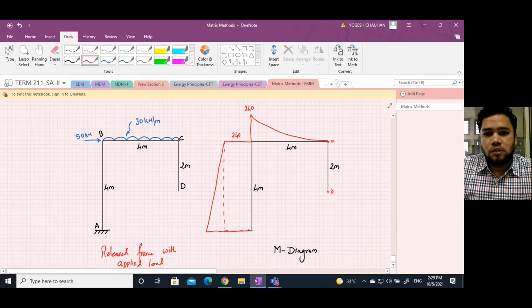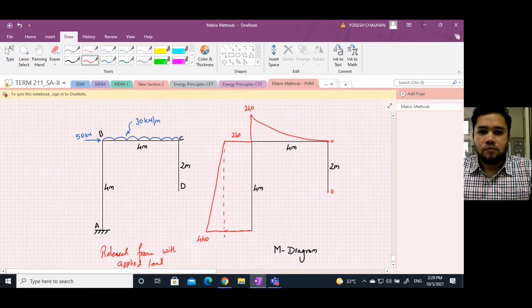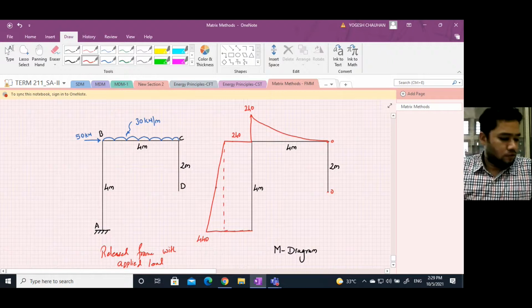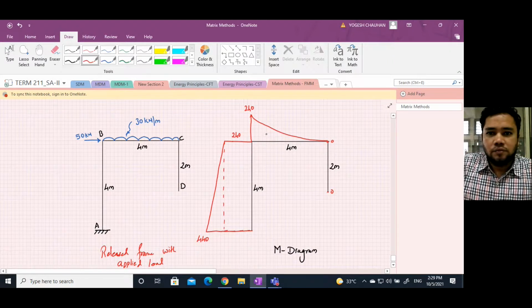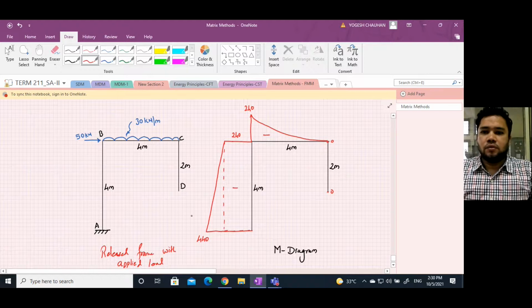So the total moment here will be 240 plus 200, that is 440. All these will be negative. So this is your capital M diagram.